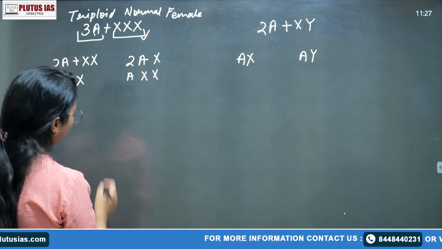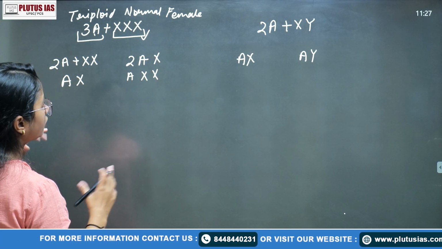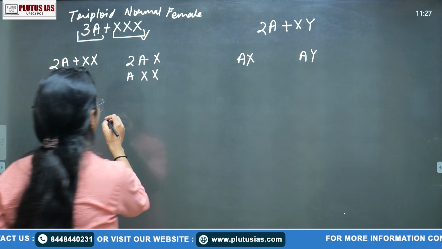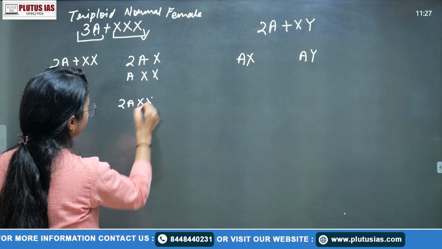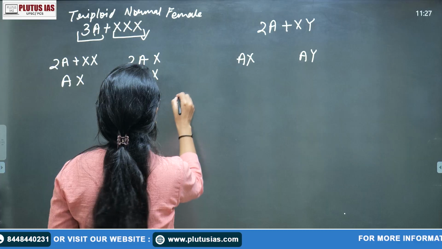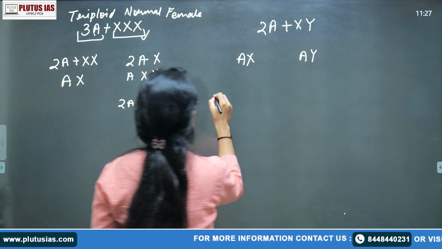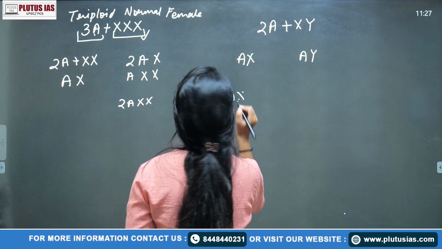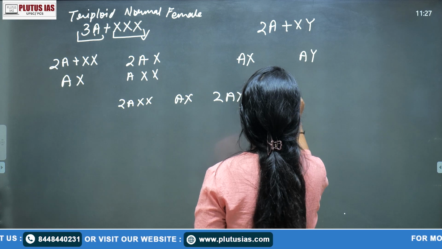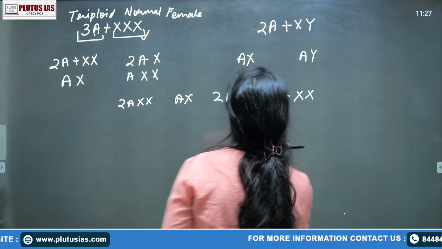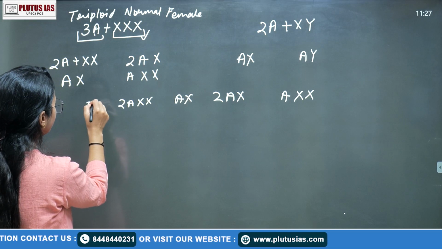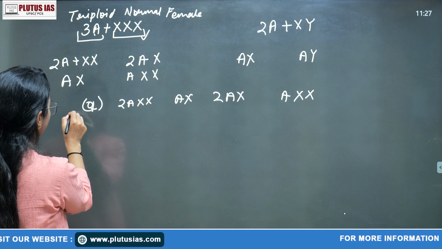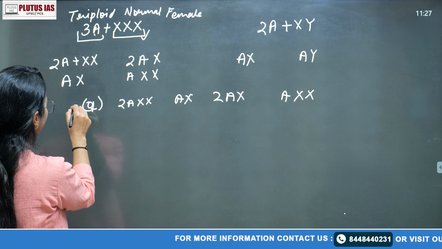Okay, so if we want, here also we can directly cross, and we can form it separately also, so better do like that. 2A X, then A X, then 2A X and A X. I have to show the fertilization chart, of course, right? So here this is your female, and this is your male.